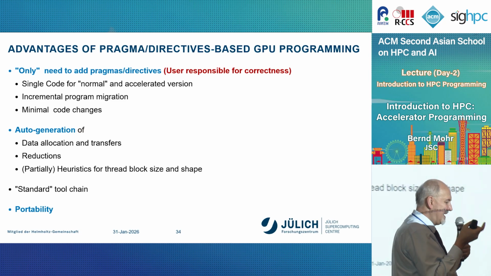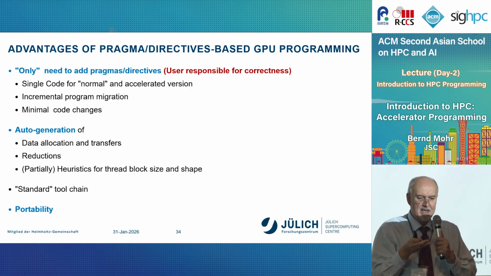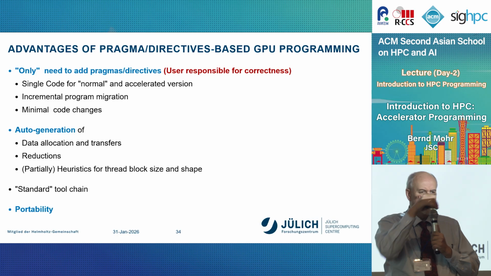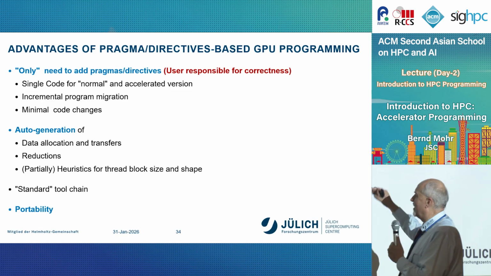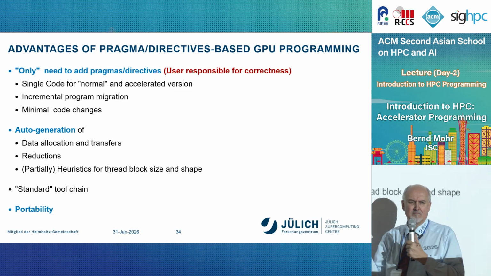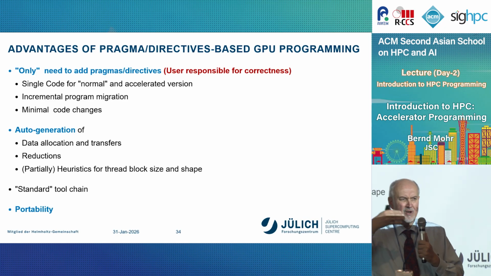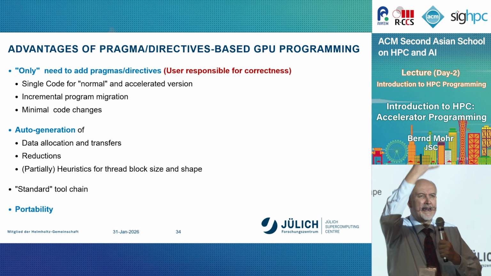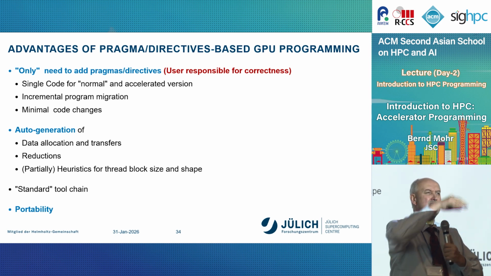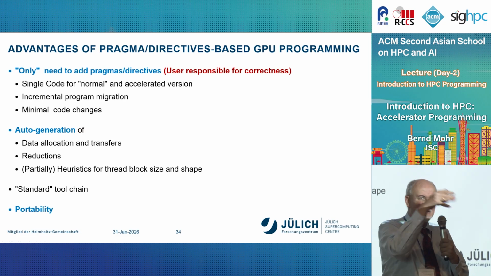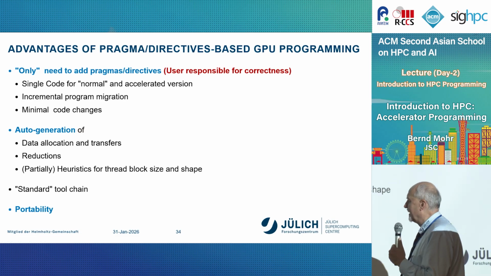You don't have to think about how to map this onto the different execution units on the GPU. This is all done by the compiler. And you can use your normal build scripts. You have a makefile or something like that where you say compile, and it's the same thing, just compiled with different options.